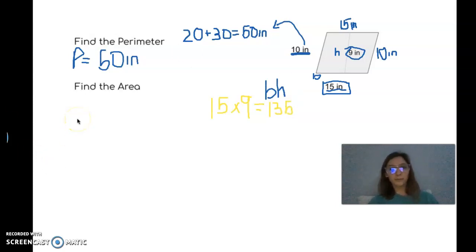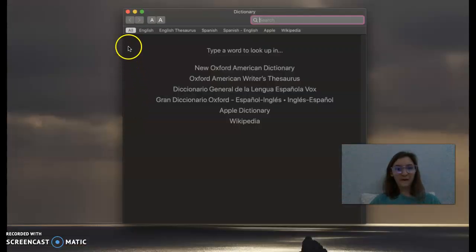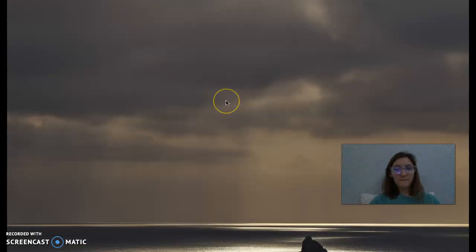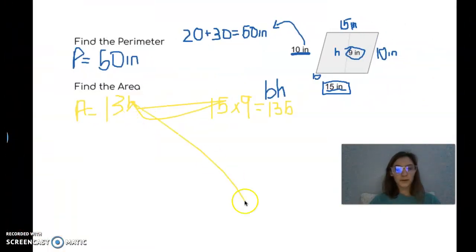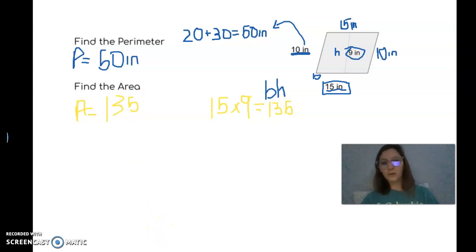All right, so area equals 130. Kind of messed that up. 135. Alright, so we did that one together.